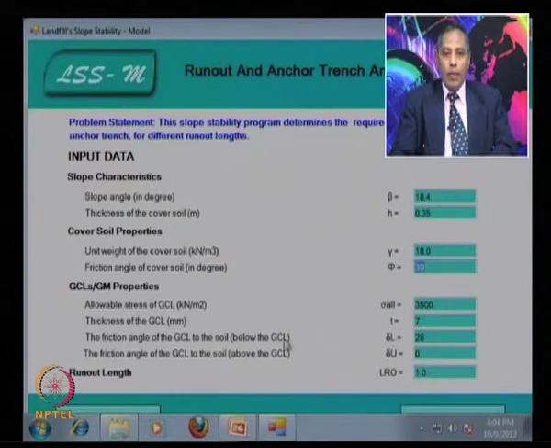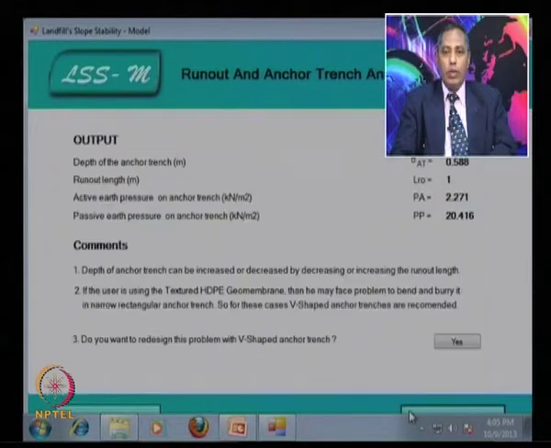Thickness of the GCL, that is t, is equal to 7 millimeter because this is a GCL, and the friction angle of the GCL to the soil below the GCL, delta L, is equal to 20 degree, and the friction angle of the GCL to the soil above the GCL is equal to 0, and then runout length, let us say LR0, is equal to 1.0.